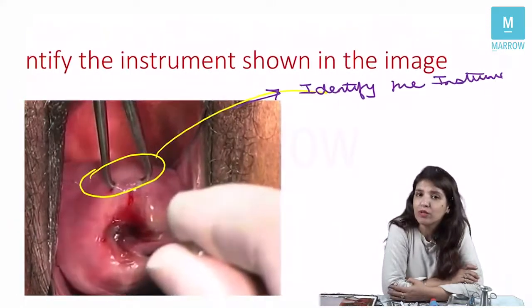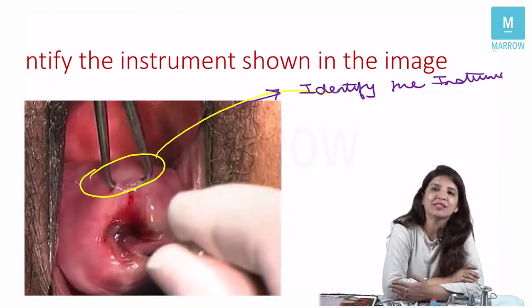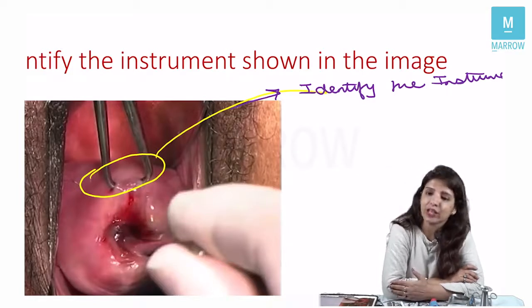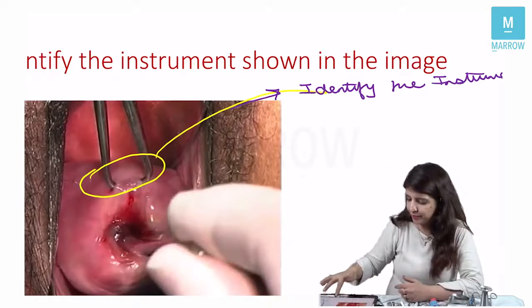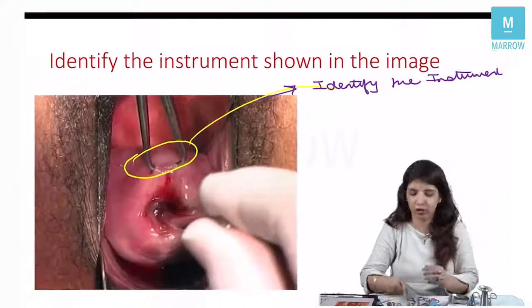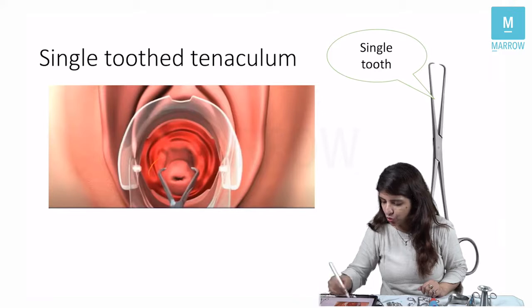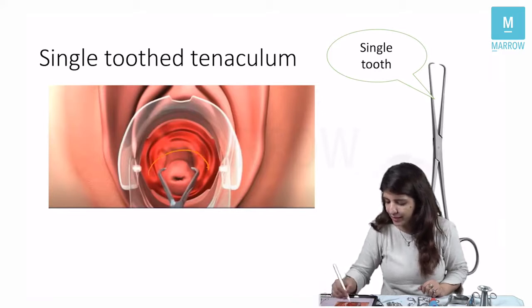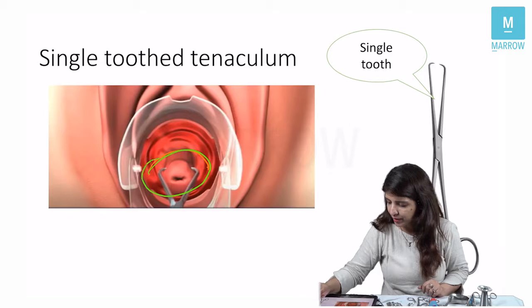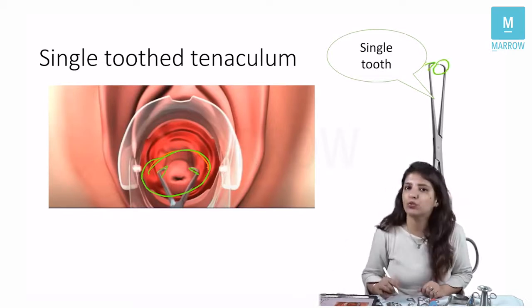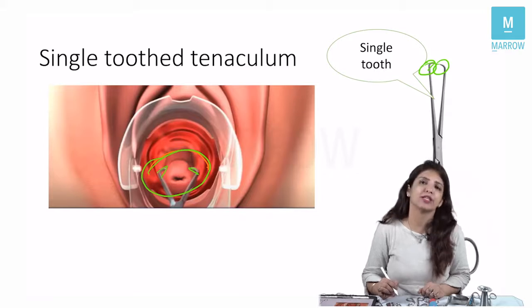And this instrument is called either a single-toothed Cellum or a Tenaculum. I don't have a Tenaculum to show you. So this instrument over here, if you see, it is holding the lips of the cervix, but it has a single tooth. Over here, the single tooth. A single-toothed Cellum has a special name, Tenaculum.